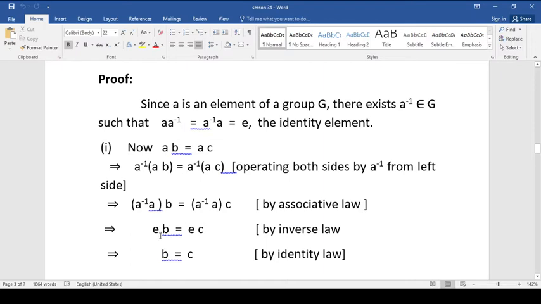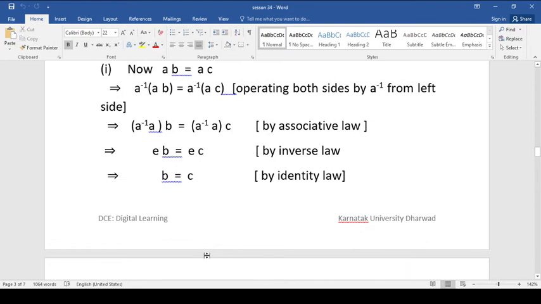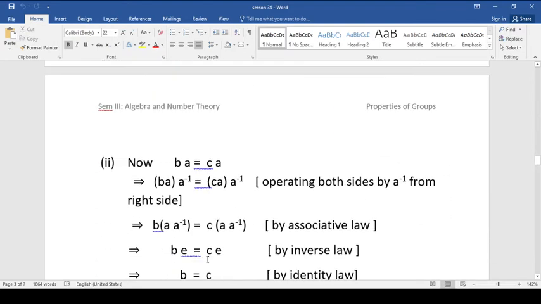And we know that e into b will be b and e into c is equal to c, because e is the identity element. So here ab is equal to ac implies b is equal to c. That is nothing but the left cancellation law.